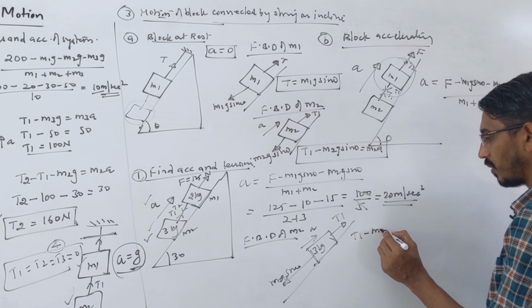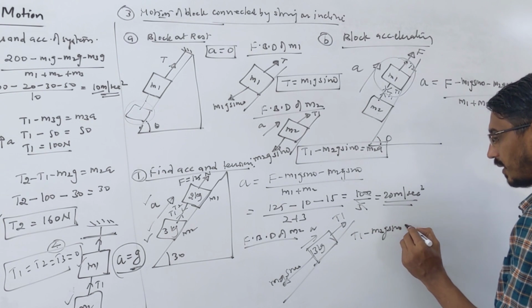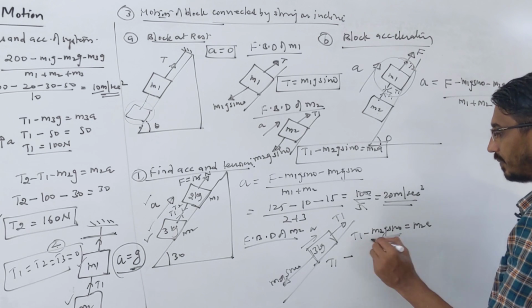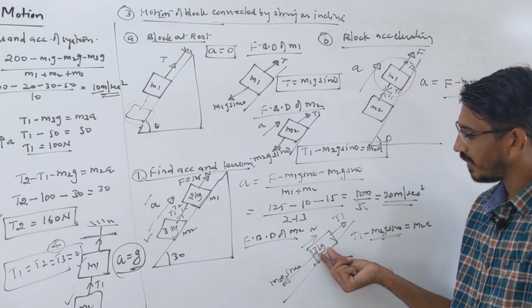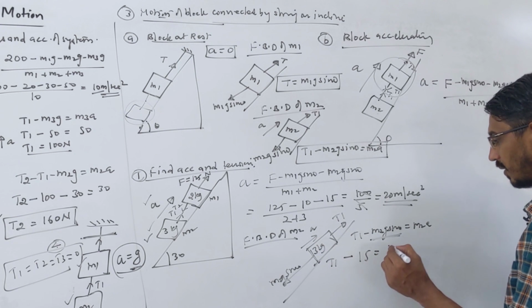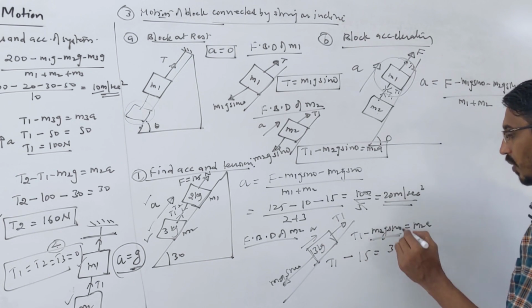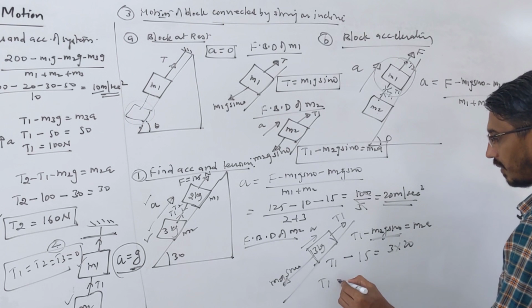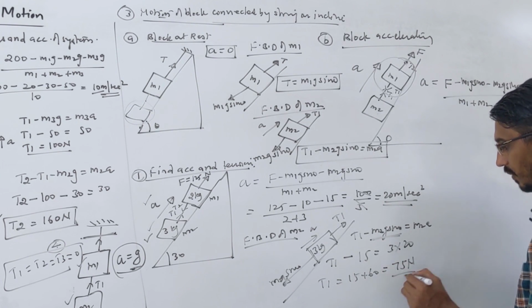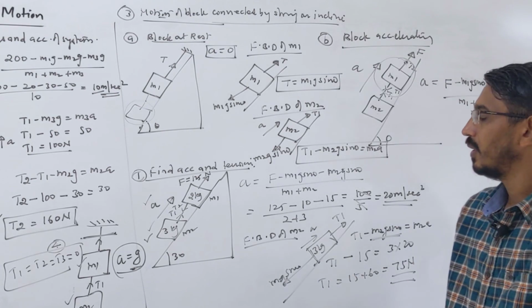T1 minus M2G sin theta is equal to M2 into A. What is mg? For 3 kg it is 30 Newton, and with sin theta it becomes 15 Newton. So T1 minus 15 equals 3 into the acceleration we found, 20. T1 becomes 15 plus 60, which is 75 Newton.